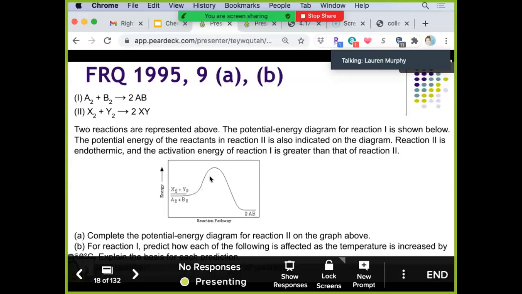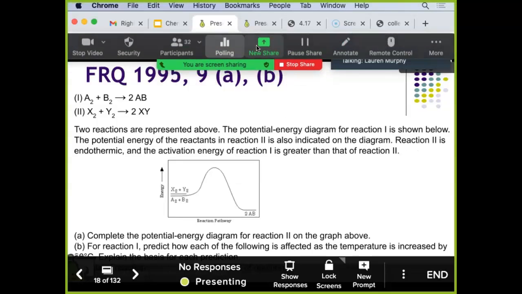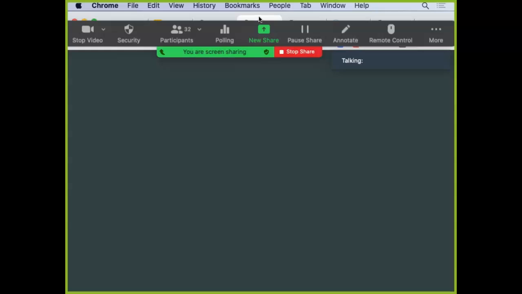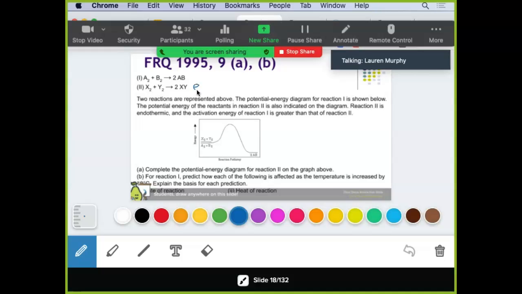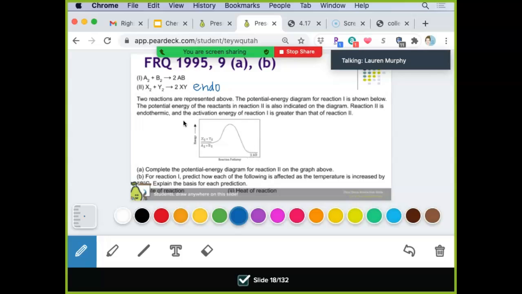So reaction 2 is right here. And they tell you that reaction 2 is endothermic, and that the activation energy of reaction 1, the one that's actually drawn, is bigger than reaction 2. It says complete the potential energy diagram for reaction 2.